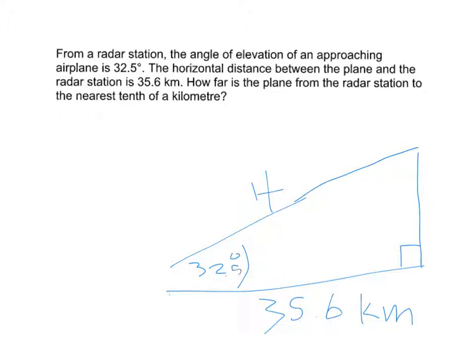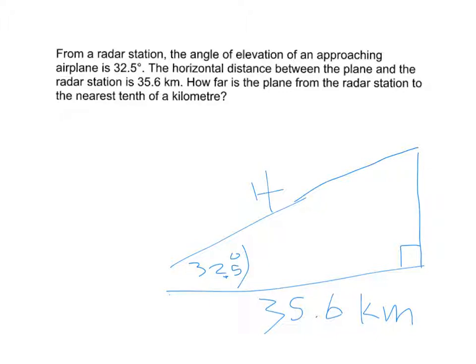Then the horizontal distance between the plane and the radar station is 35.6 kilometers. It asks how far the plane is from the radar station to the nearest tenth of a kilometer. So the hypotenuse is what you're trying to find.